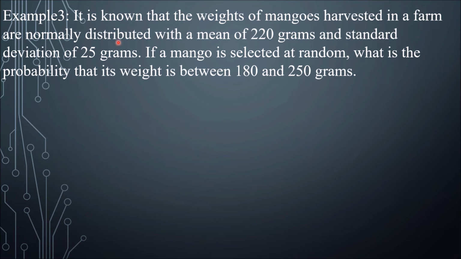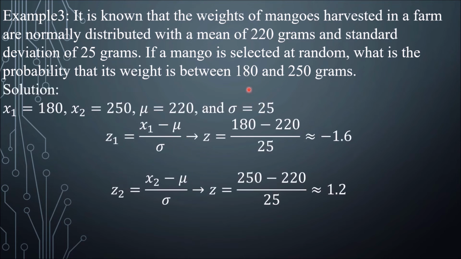Example number 3. It is known that the weights of mangoes harvested in a farm are normally distributed with a mean of 220 grams and standard deviation of 25 grams. If a mango is selected at random, what is the probability that its weight is between 180 and 250 grams? So there are two values of x here. We have x1 is 180, and x2 is 250.